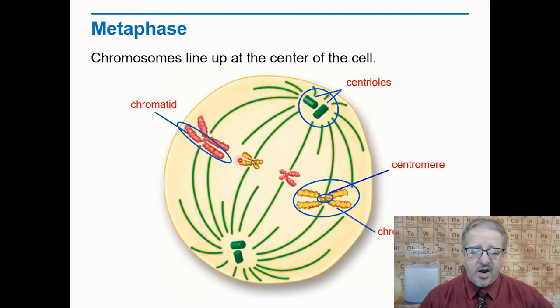Now, not only are they attaching, but they're also lining these chromosomes up throughout the middle of the cell. Okay, so they're getting relatively evenly spaced so that it makes it easier for these spindle fibers to attach to the centromeres.